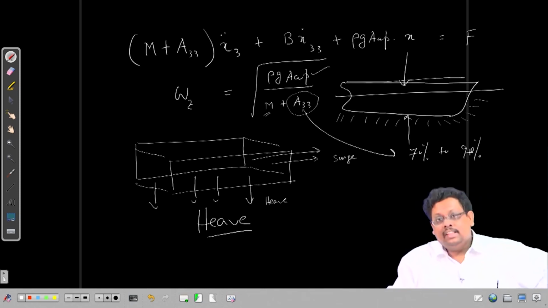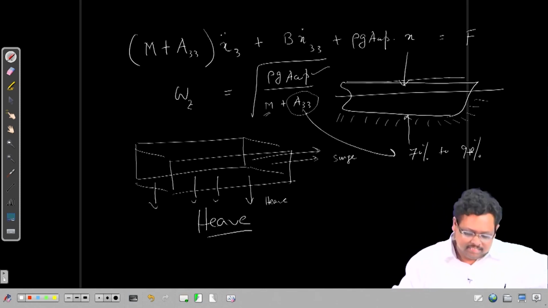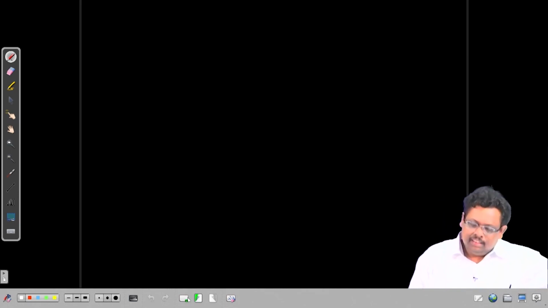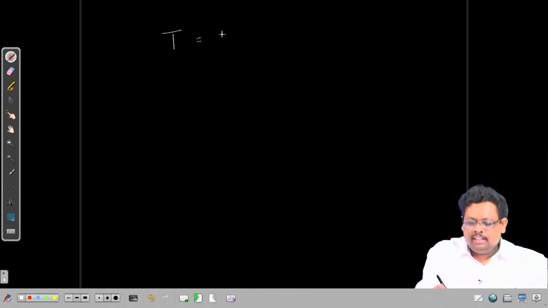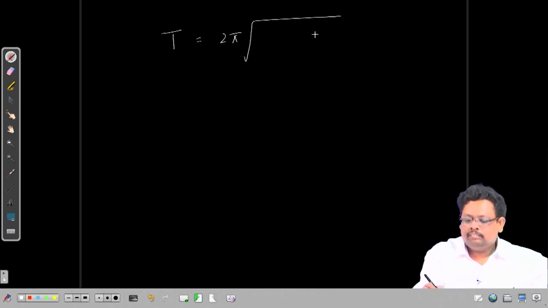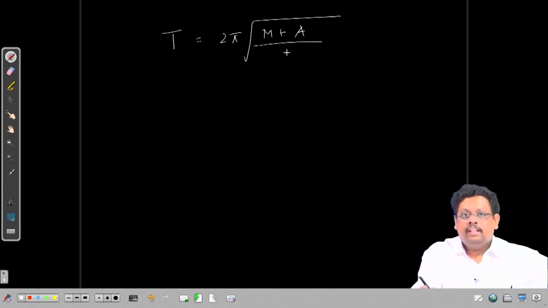Now, let us take another very interesting thing. Let me write the time period: it is 2 pi square root of (m plus added mass A) divided by rho g into AWP.